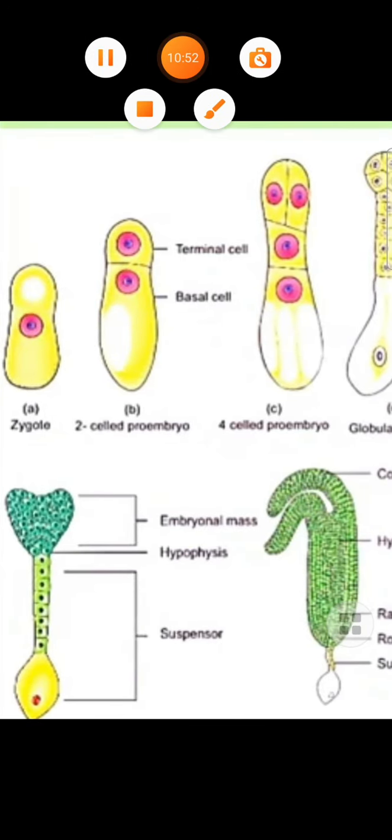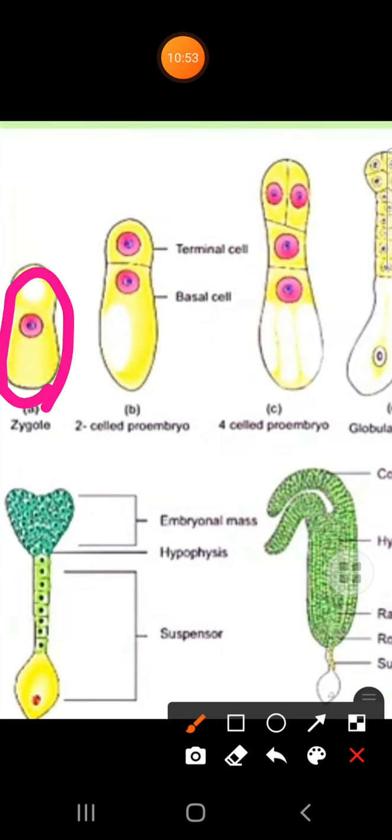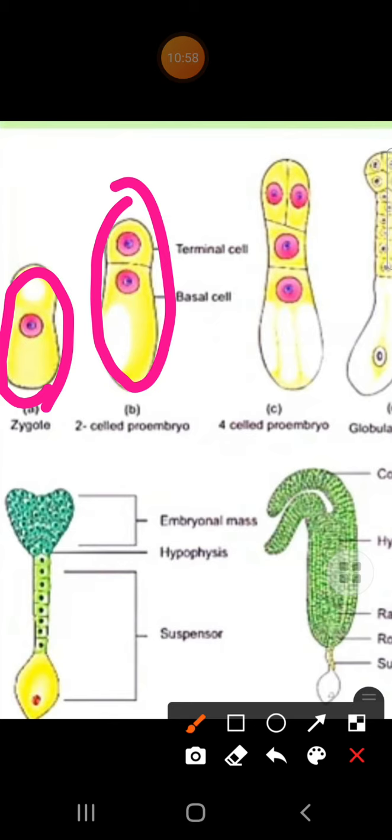So you have to learn this diagram. One cell stage, zygote, फिर it divides into two unequal parts. One would be the larger and another would be the smaller. The larger is called the suspensor initial cell, जो कि embryo को push करता है towards the food, right? Endosperm.